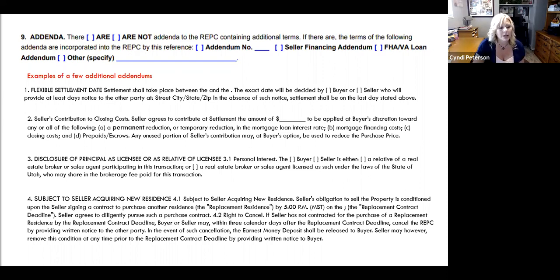Subject to the seller acquiring a new residence. If you haven't seen this one, it does talk about in there that it is subject to a sale, or that the subject to the sale is that the seller has to find a new home. That can be really, really tricky. So just make sure that if you see that, you're following the contract and following up with it, hopefully not getting your buyers in a situation where they've spent a ton of money on their appraisal and inspections and all those kinds of things.